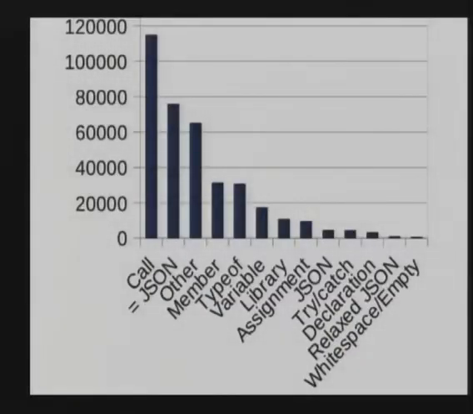So this graph is labeled by these W and R's, which means write and read. And the first bar says 10% of the evals read and write local data.